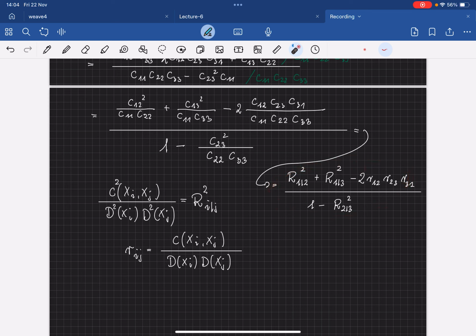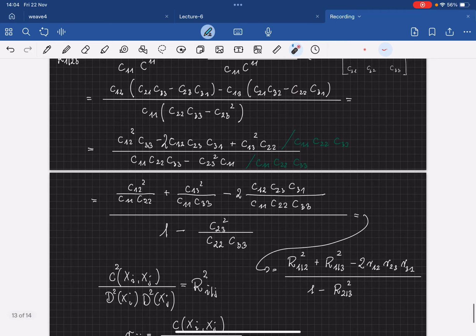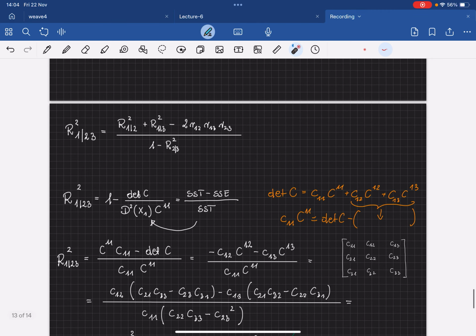However, we have to take into account the fact that such a simple formula of determining the multiple regression correlation coefficient using pairwise correlation coefficients is possible in 3 dimensions.